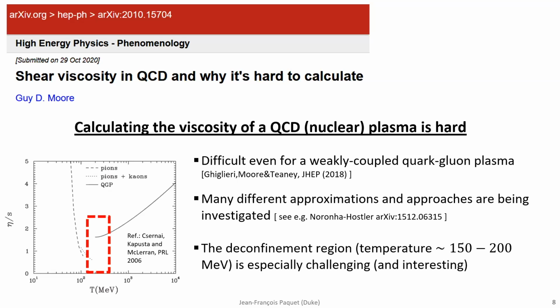You also have some calculations at lower temperature that use gases of baryons or gases of hadrons, but really this region is difficult to evaluate from first principles. There's ongoing work, and hopefully people will be able to do it as well. In the meantime, what we want to do is constrain it from measurements so that we can eventually compare what we extract from heavy ion collisions to those calculations.